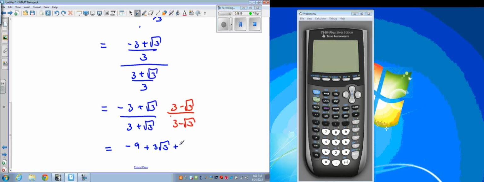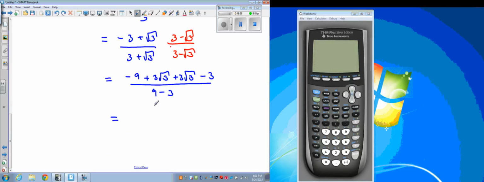Inside is 3 square root of 3. And then the last is a negative 3 times negative square root of 3... Then the denominator is the first term squared, 9, minus the second term squared, 3. So combining terms, we got minus 12 plus 6 square root of 3 all over 6. So it's minus 2 plus the square root of 3.